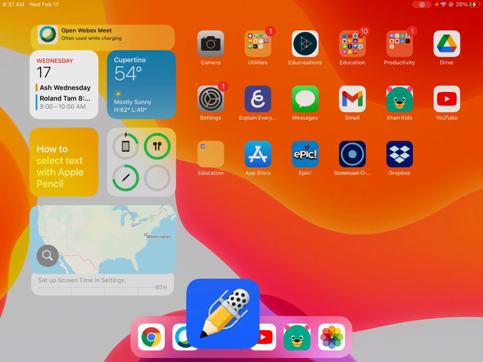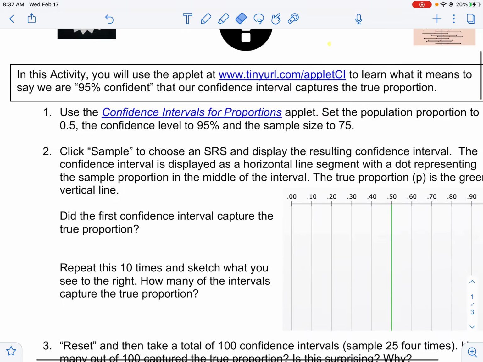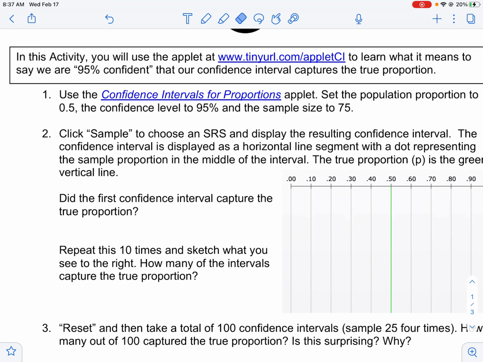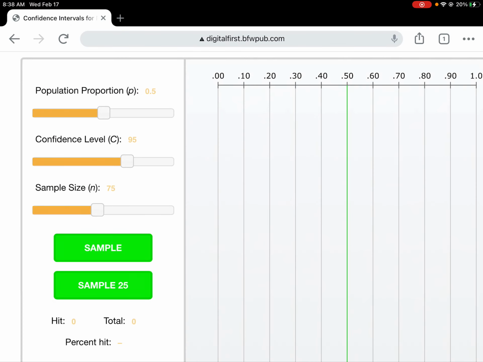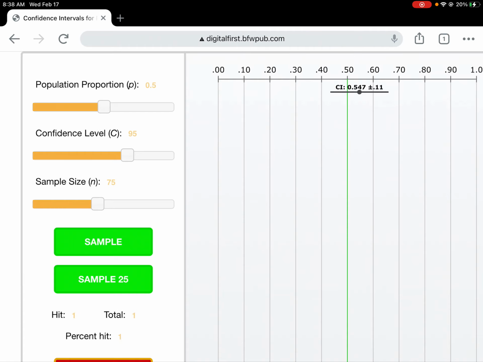Okay, moving on. We have here, click a sample to choose an SRS and display the resulting confidence interval. The question here is, did the first confidence interval capture the true proportion? So I'm going to go back to the link and then I will click sample, this green sample, one time. And it looks like I have 0.547 plus and minus 0.11.